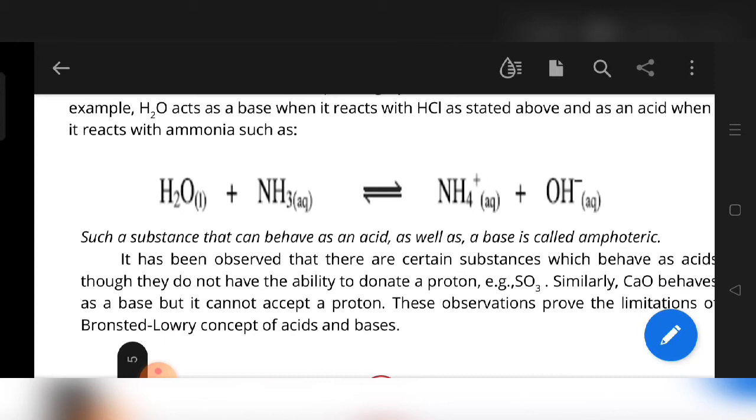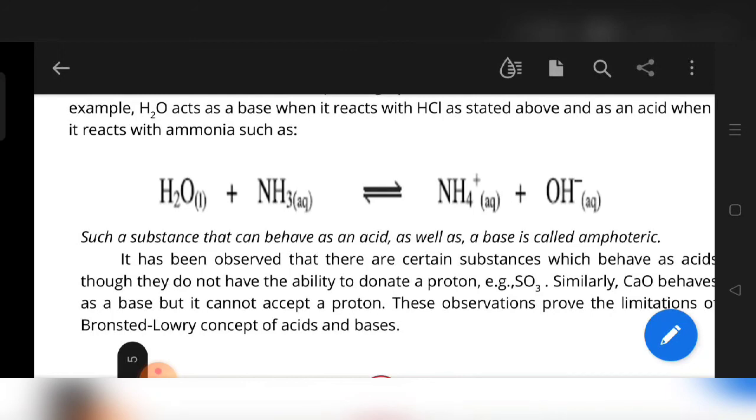It has been observed that there are certain substances which behave as acids, though they do not have the ability to donate a proton. And the last heading is the limitations. We know that sulfur trioxide is an acid and calcium oxide is a base. Sulfur trioxide is a non-metal oxide and acidic in nature, while calcium oxide is a metallic compound, that's why it acts as a base, but they don't donate or accept protons.